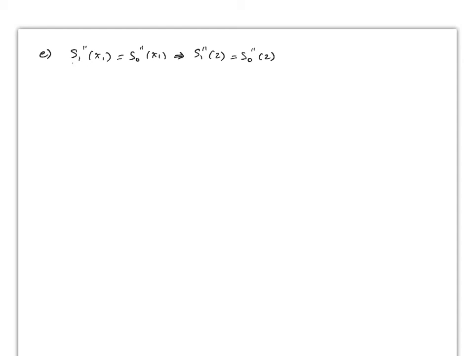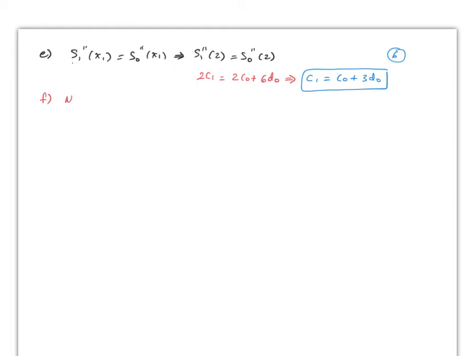Or in other words, this is 2c1 equals 2c0 plus 6d0. And from here we found equation number 6, which will be this: c1 is equal to c0 plus 3d0. So this is equation number 6. All right, now part F.